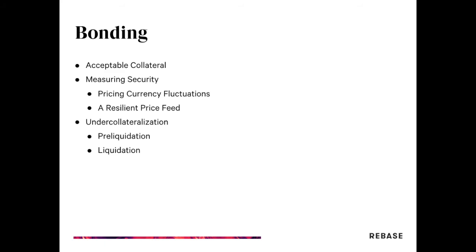So liquidation itself aims to keep the ratio of BTC to tBTC intact, and it does so by liquidating the signer's bonds. So what does the process of liquidation actually look like?